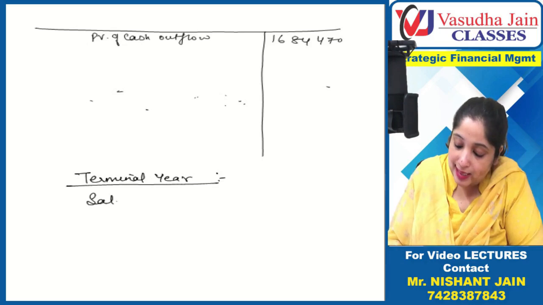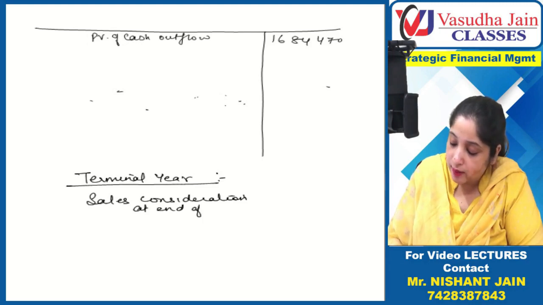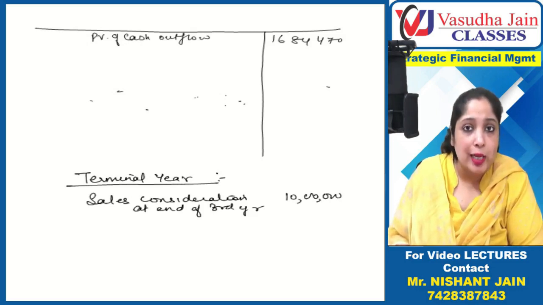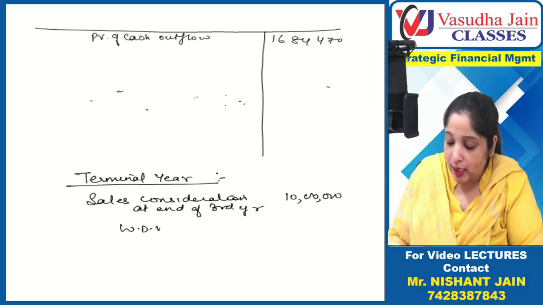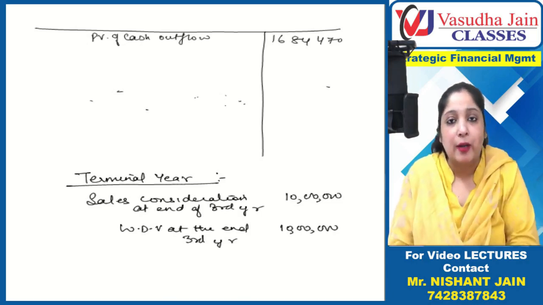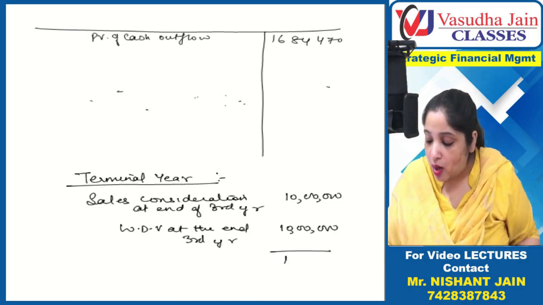So what is the sales consideration at the end of the 3rd year? 10 lakh when you sell the machine. Is there any gain or loss on the sale of the machine? WDV at the end of the 3rd year is 10 lakh. You have not depreciated that 10 lakh. Now a 10 lakh worth of machine is sold for 10 lakh only. So there is no gain or loss.